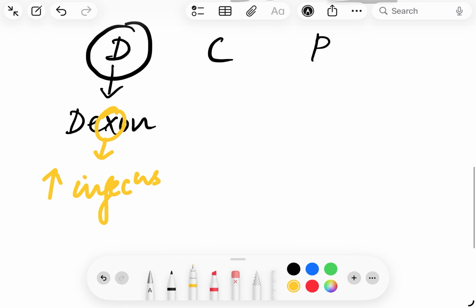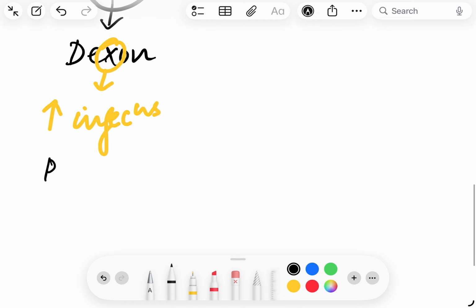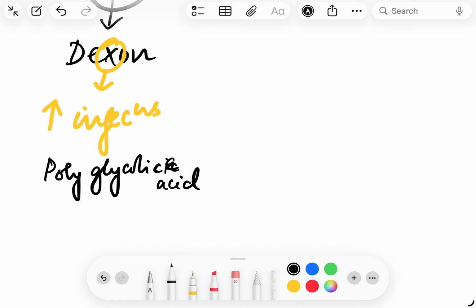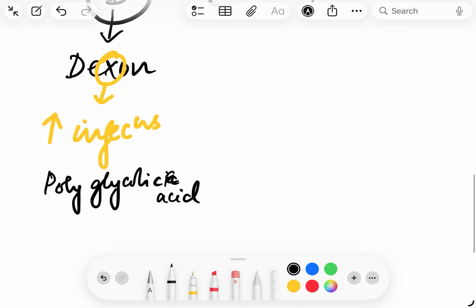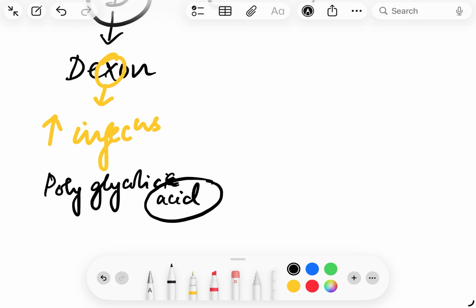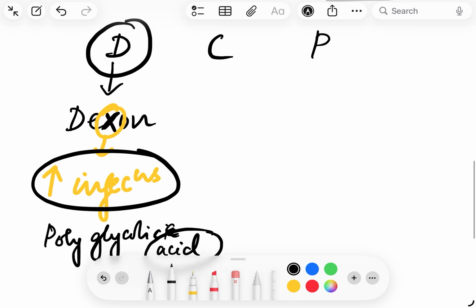Kind of dangerous. The other name for Dexon is polyglycolic acid. So just remember, acid dangerous, Dexon dangerous, causes infections.